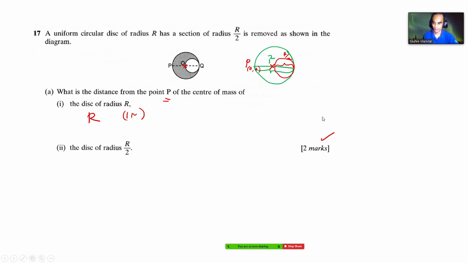And the disk of radius r divided by 2, I mean the section that has been removed.